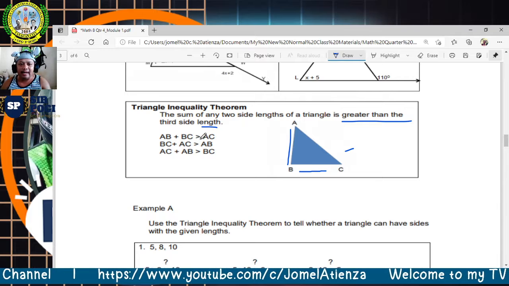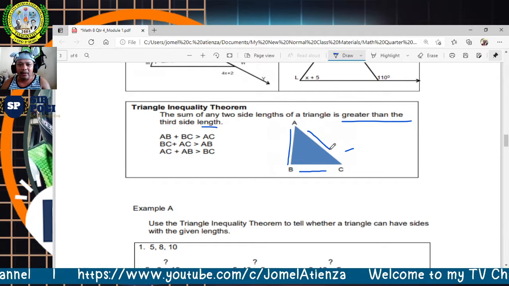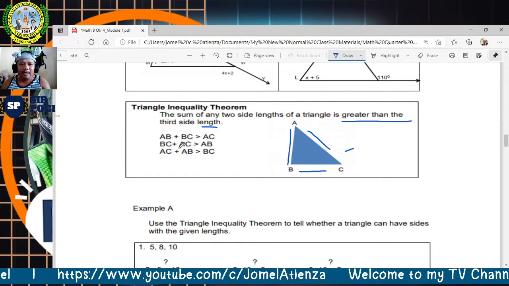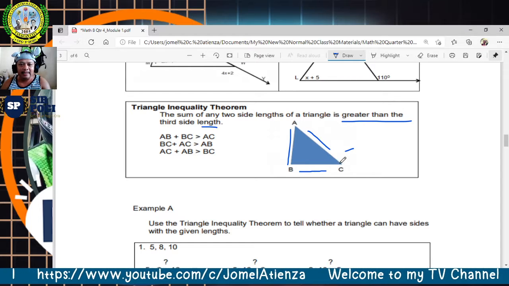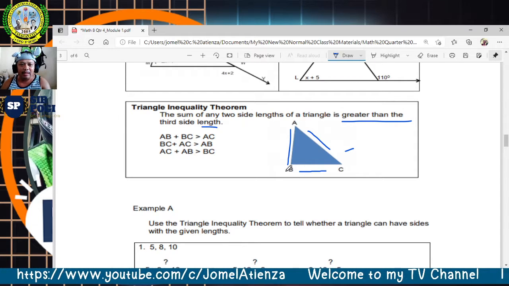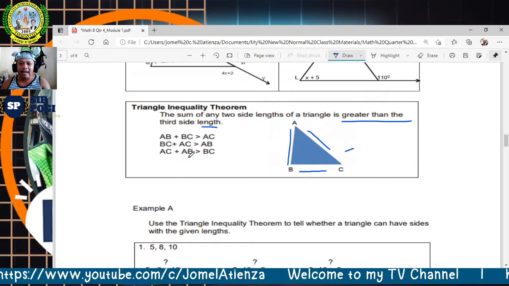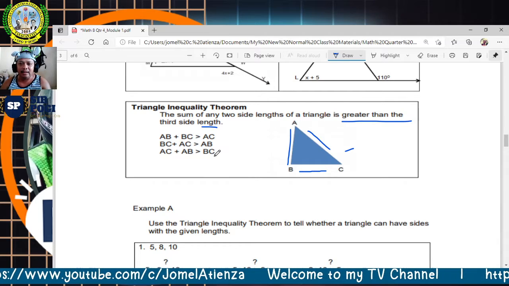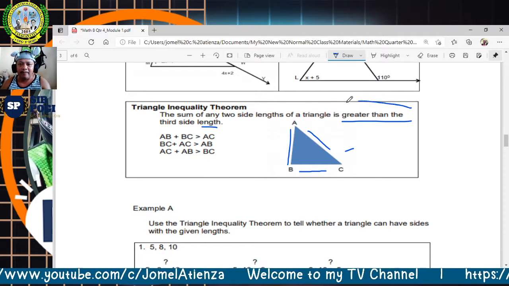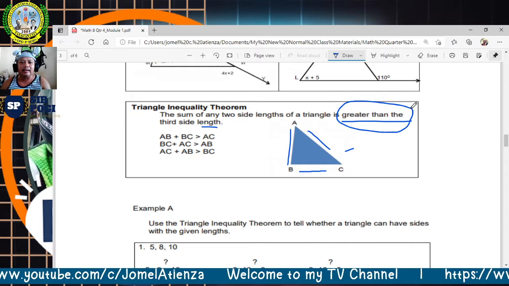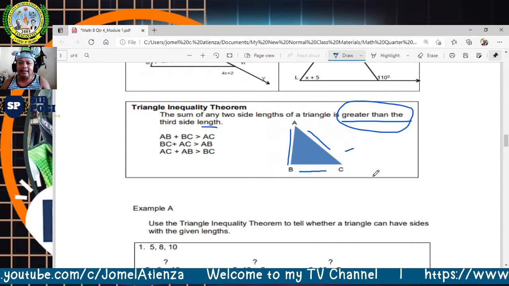So, it is greater than AC. Okay. And BC plus AC is greater than AB. And AC plus AB is greater than BC. So, lagi po siya na dapat ay greater than the third side length.